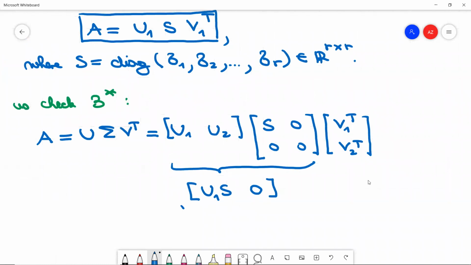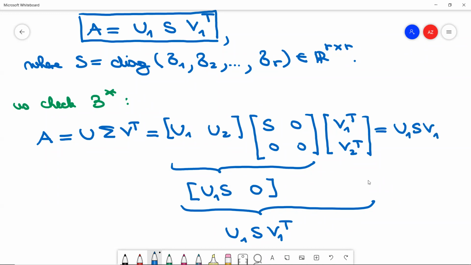And it remains just to compute this product, and we get U1 S V1 transpose.